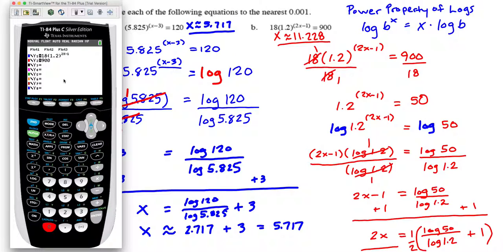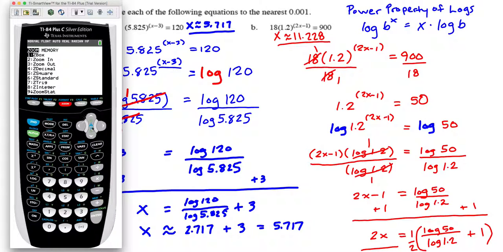Notice 900 is going to be way up there on the calculator. So when I graph this initially in the standard window, you're going to see this side start creeping up, and then we won't ever see the other side because 900 is way up here. So you could do a couple different zoom options. You could zoom out, out, out.